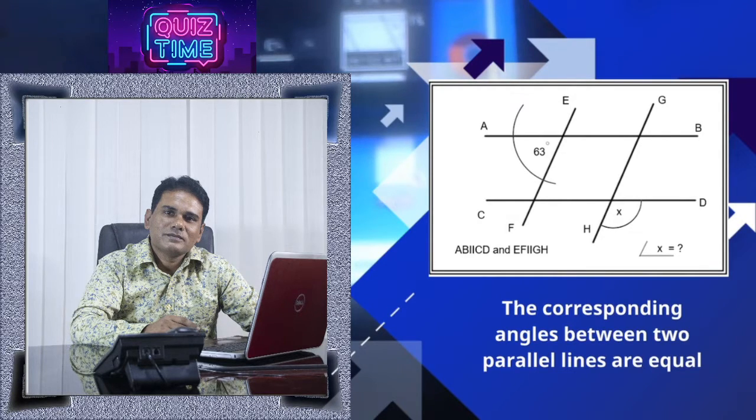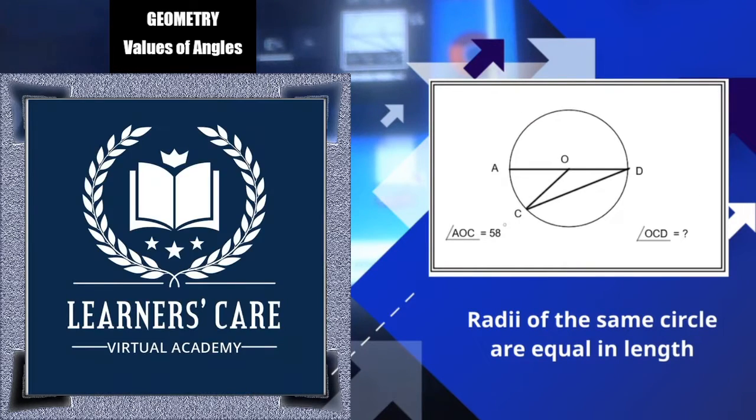Here in a circle, the center is O, and you have to find the value of angle OCD. As you know, the radii of the same circle are equal in length. So OC is equal to OD in the triangle OCD, and the value of angle AOC is given. So you can find the adjacent angle OCD.